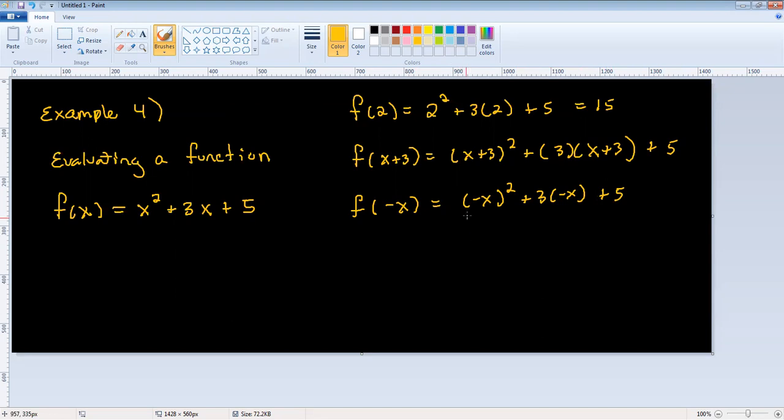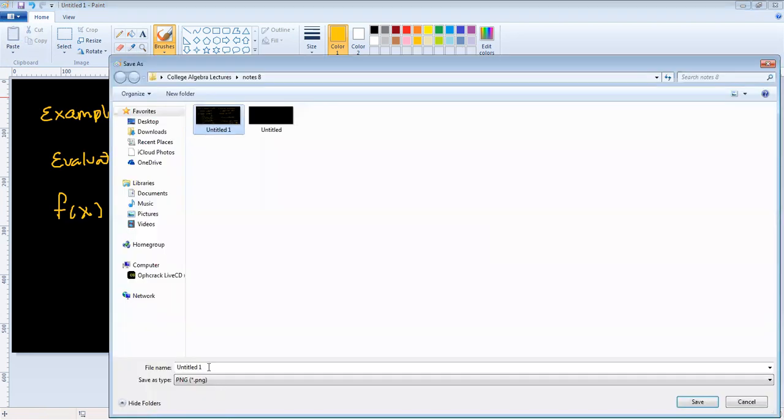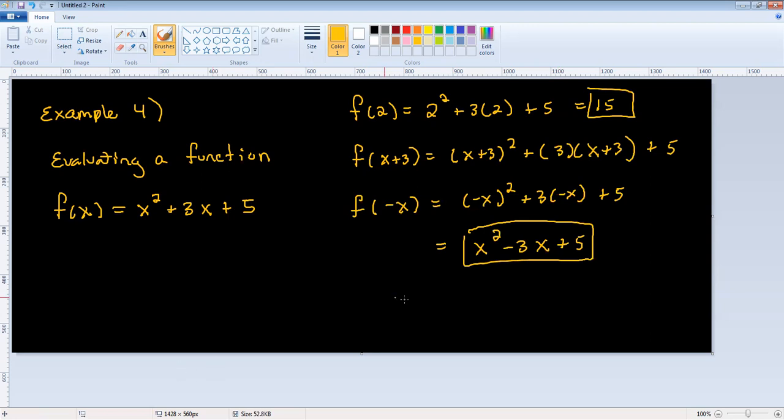What is this going to be? This is actually going to be x squared minus 3x plus 5, right? That's what that one's going to be. This one, I'm going to leave up to you guys to work out, but you just multiply all of this out.